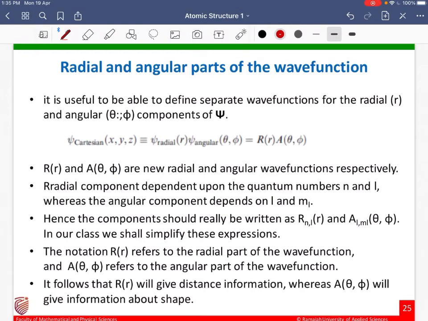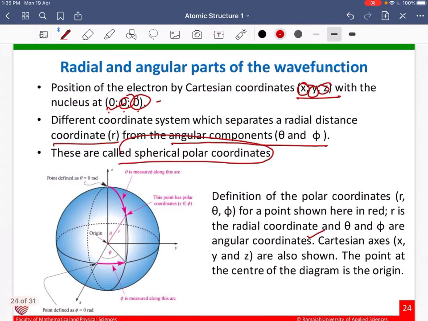We will not be concerned with the mathematical manipulations used to convert Cartesian coordinates into spherical polar coordinates.